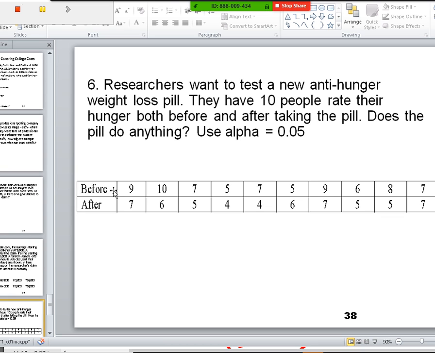That's the other thing that gets tricky: people don't see that these are dependent. This is 10 people, before and after. This is the same person before and after. This is another person before and after. They're related, and they just don't see that. So those are two of the common mistakes.